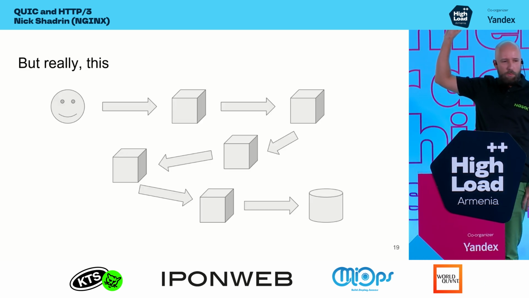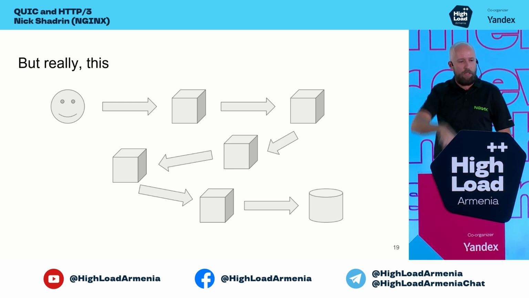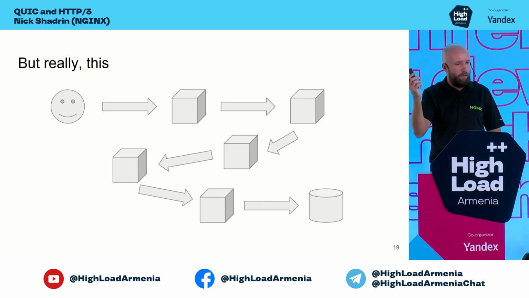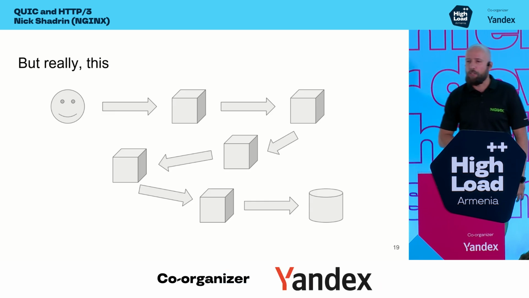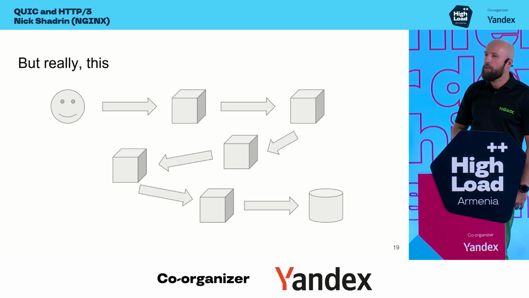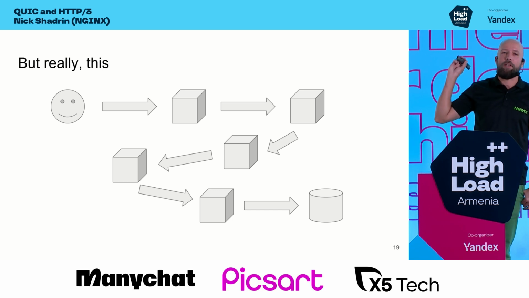The real world is looking more like that. Those boxes in between the client and the server are not necessarily the ones that you know and own. The previous speaker from Curator owns a couple of those boxes.